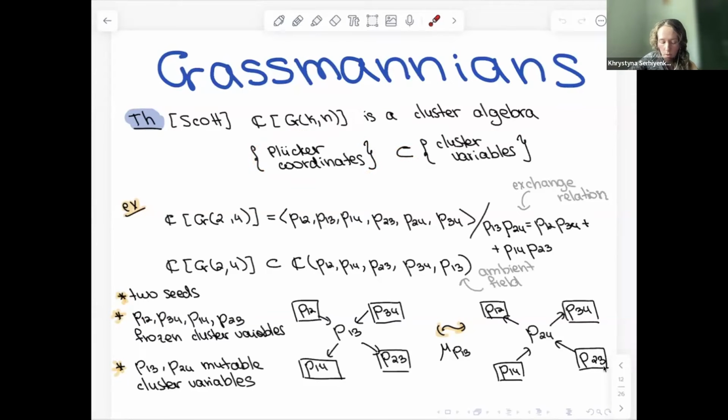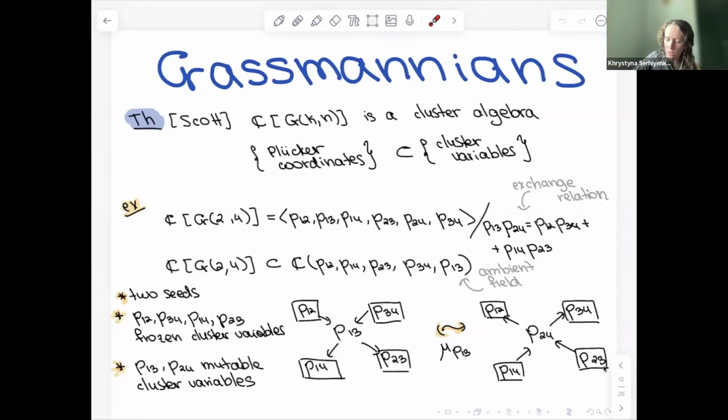So Plucker coordinates are cluster variables, but in general there are many more, and this is a proper subset. In our example, remember the 2,4 Grassmannian is generated by these Plucker coordinates via this relation. The way to think about this relation is as the exchange relation, where the old variable times the new variable is a sum of two monomials. So what is the structure of this cluster algebra?